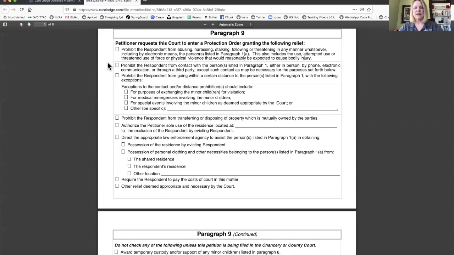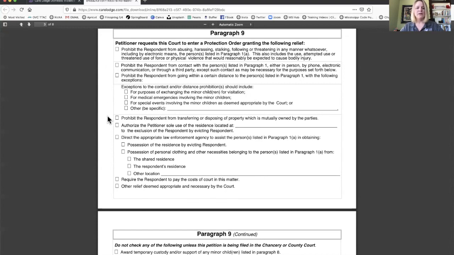The second selection indicates that you would wish that they stop contacting you. This is by phone, through text messages, social media, or sending messages through other people to you. This third selection indicates that you wish that they stay a certain distance away. Most of the time, you will commonly see that judges will put 100 yards in this part. That's about the equivalency of a football field. In this section, however, remember the safety and welfare of you and your family and what's best for you.